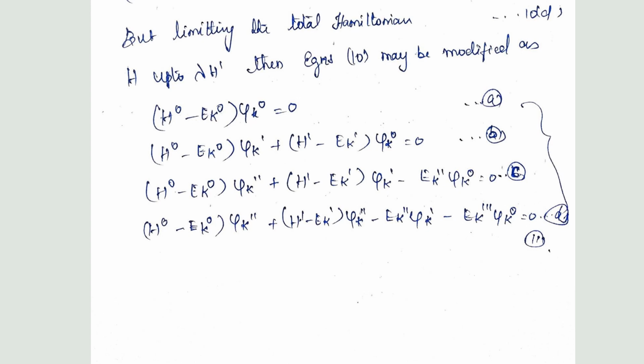And again second order. For second order, we should neglect the higher order terms of lambda square and H naught double dash. So it becomes H naught minus Ek naught psi k double dash plus H dash minus Ek dash psi k dash minus Ek double dash psi k naught is equal to 0. So likewise, it repeats for the third order Hamiltonian equation.